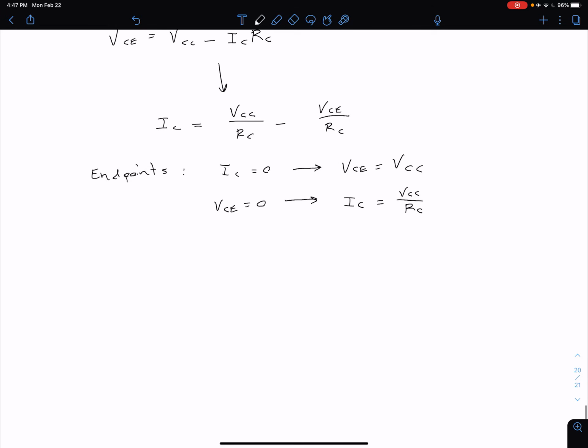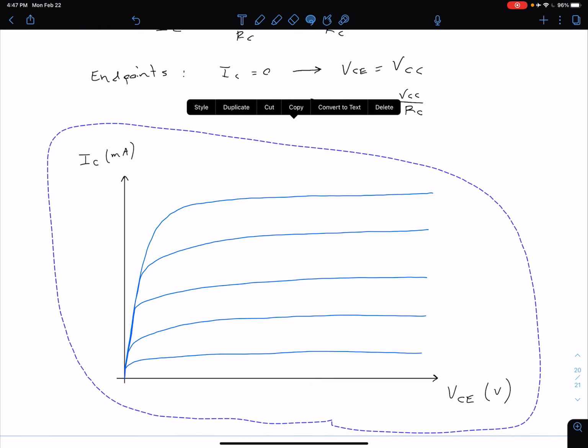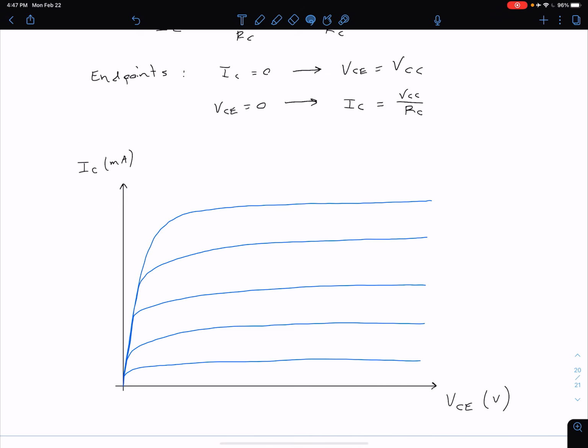As I said, what we want to do ultimately is plot this on our family of curves. So let's see if we have room here, just barely, perfect. We know our two endpoints. If we consider values that we looked at in the previous circuit, we had a value here, which in general is VCC over RC. For the particular values in that circuit, I believe it was VCC of 10 volts, RC of 2K, so that gives us 5 milliamps of current.